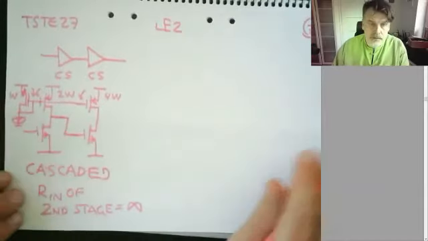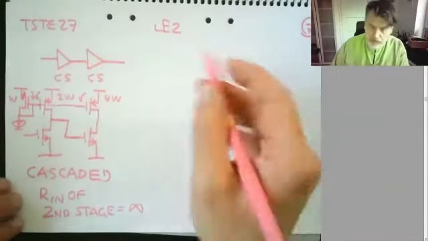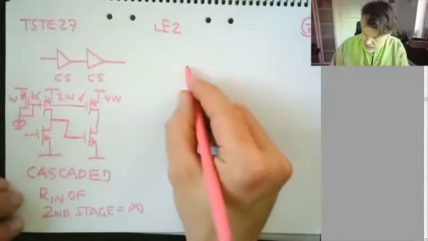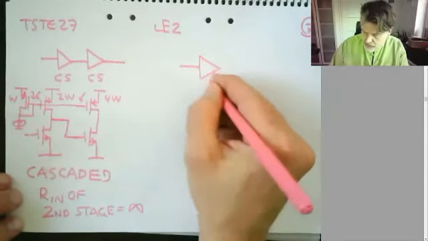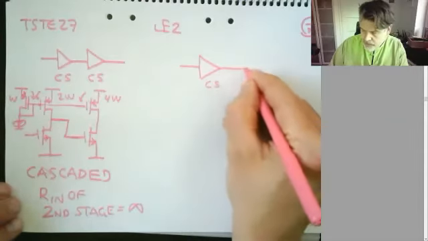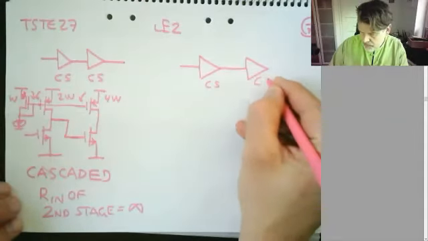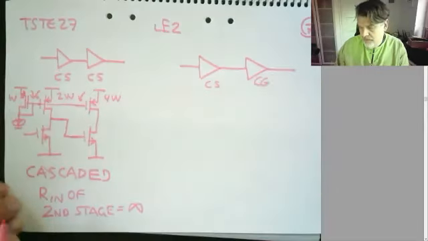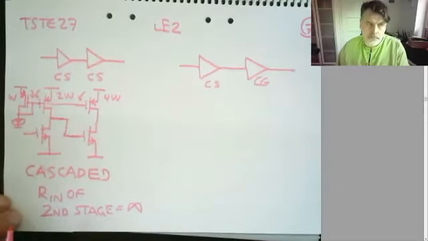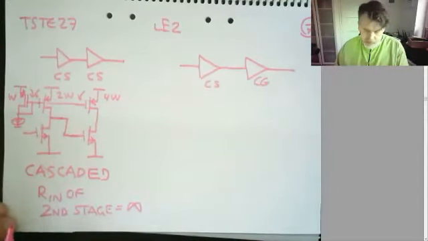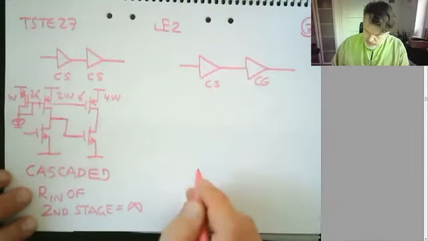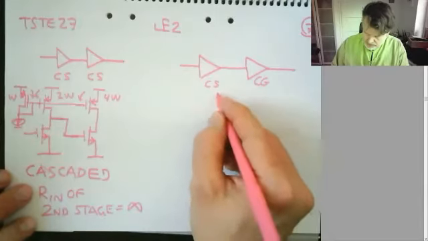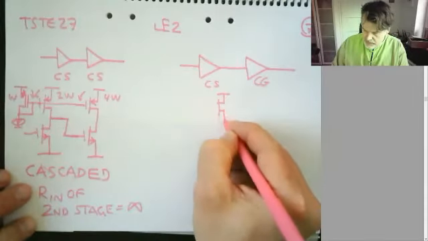All right, so let's look at the alternative, or one of many alternatives, I should say. So I could take a common source and I can connect it to a common gate like that. What's the implication here? Well, perhaps a bit cryptical, but the end result would be this.